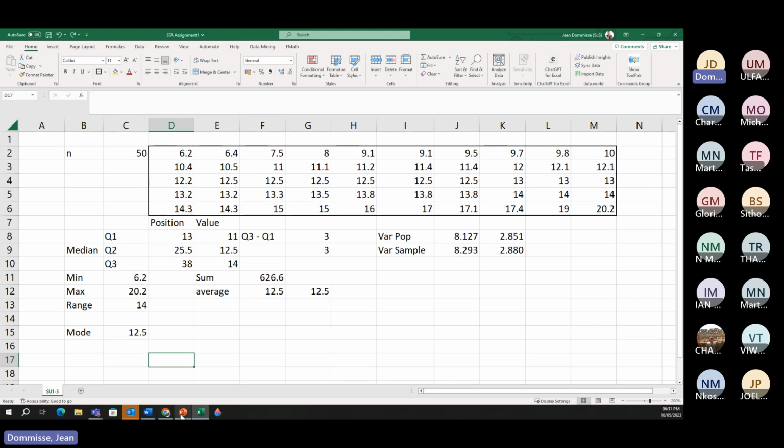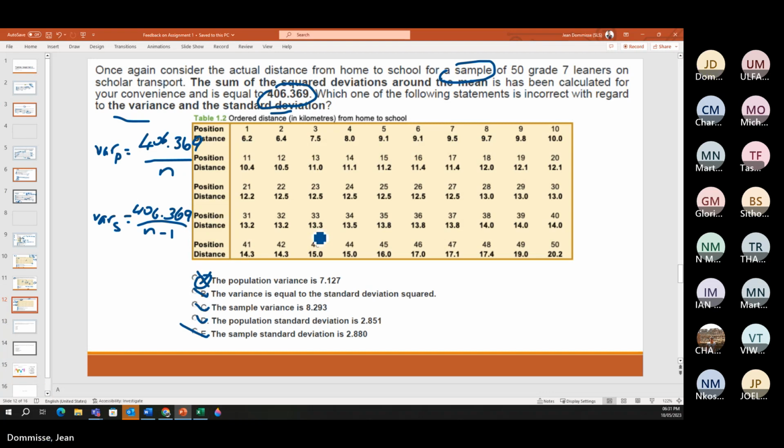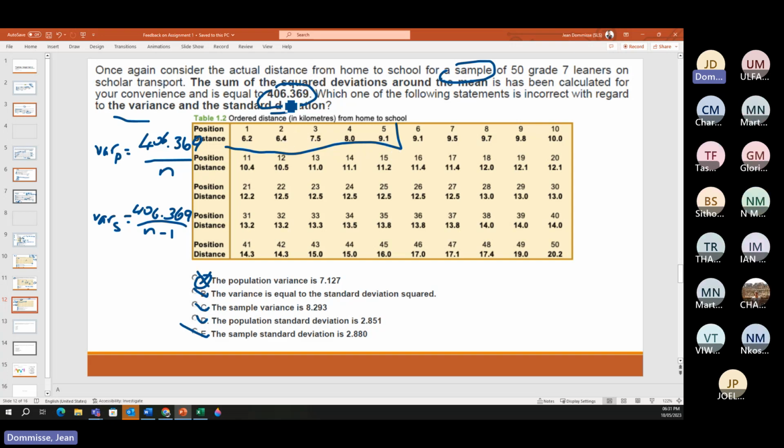Okay, so we've now covered the mean, median, mode, standard deviation, variance. What they might do is, if you had a set of 5 numbers, they might not give you the sum of the squared deviation, or like in the previous one, the mean.